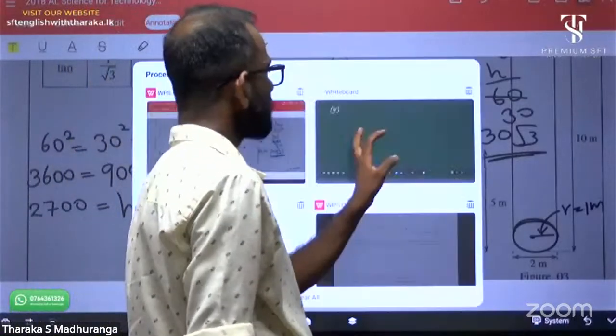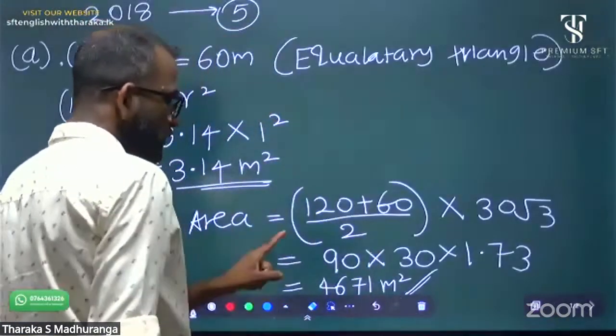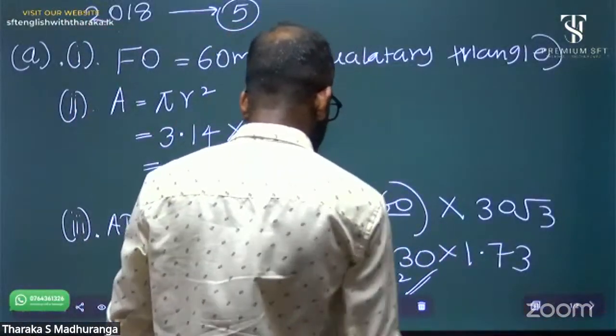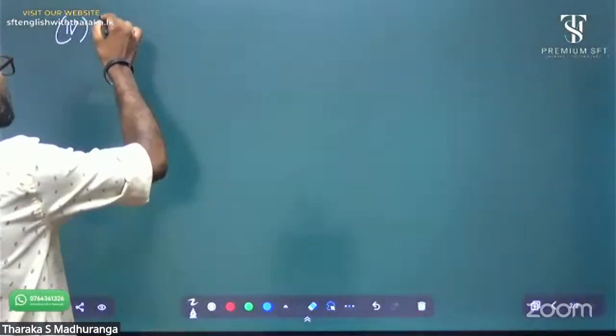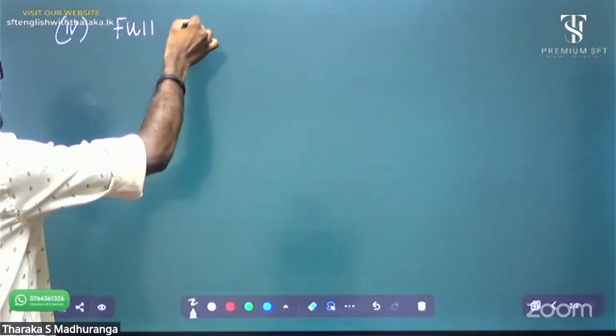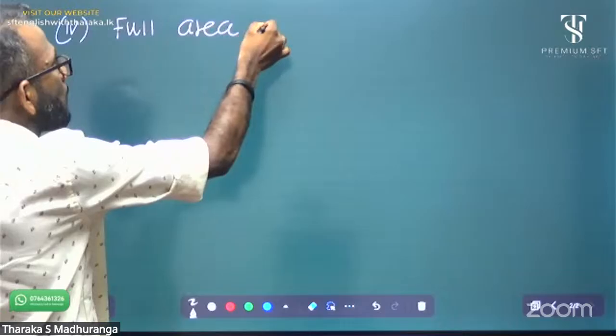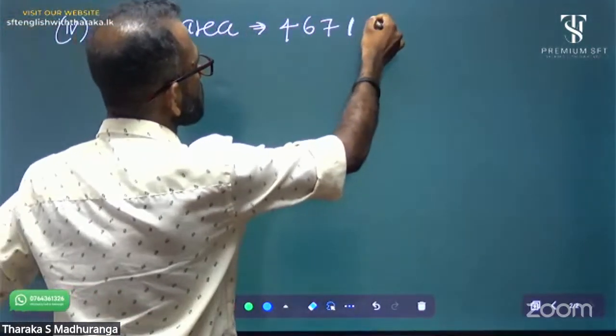So we multiply by 2. Very easy. 4671, full area, multiplied by 2.